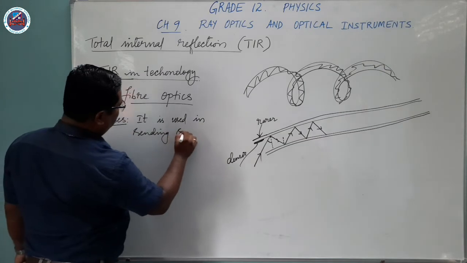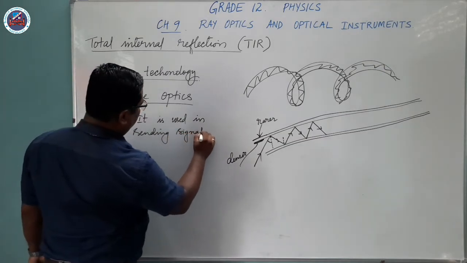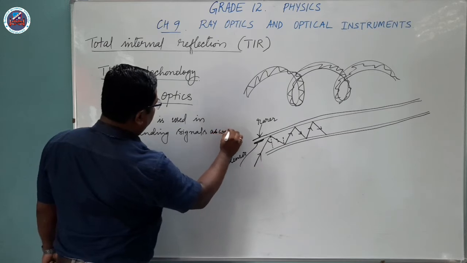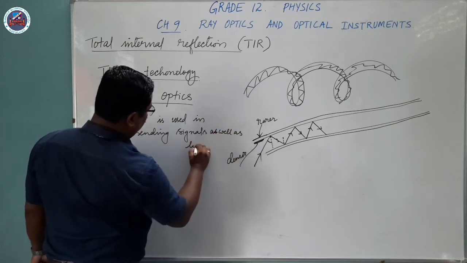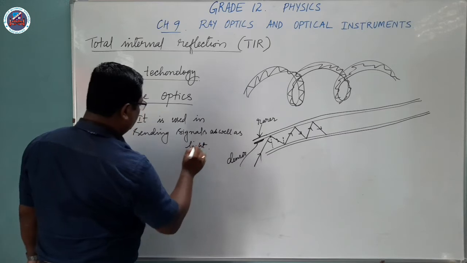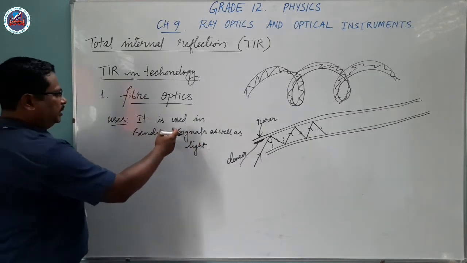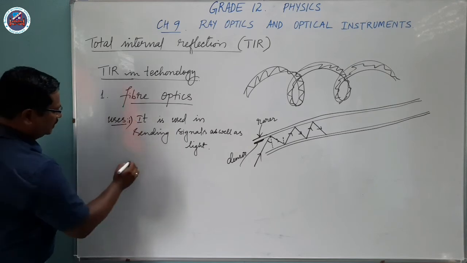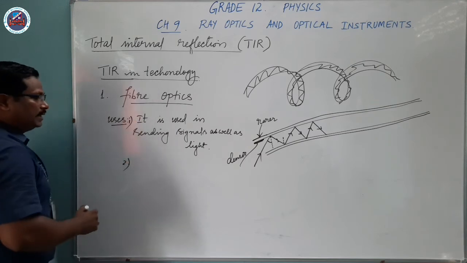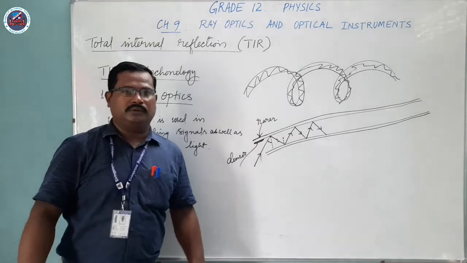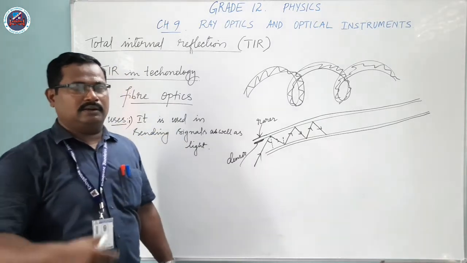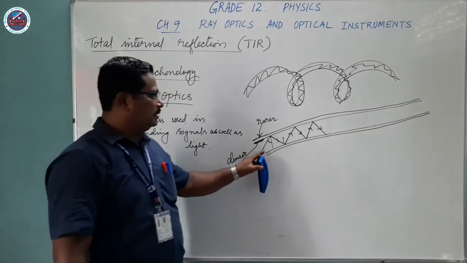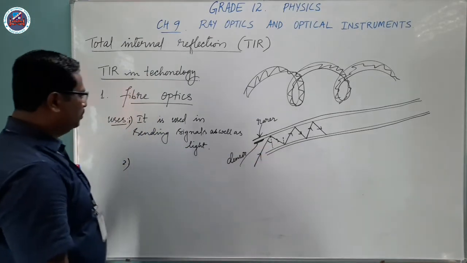It can be any electromagnetic wave as well as light that it can send. The second one, it is used in studying the internal organs of our body, like our esophagus, our intestine, our stomach. Those things also we can study with the help of fiber optics.